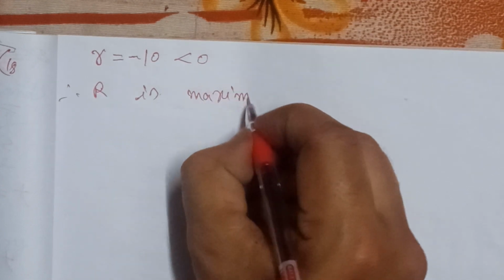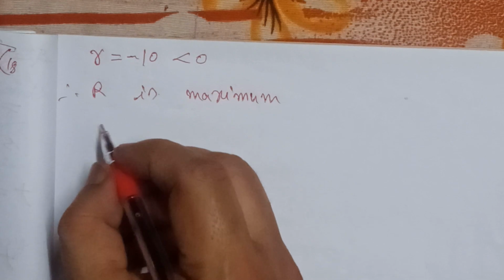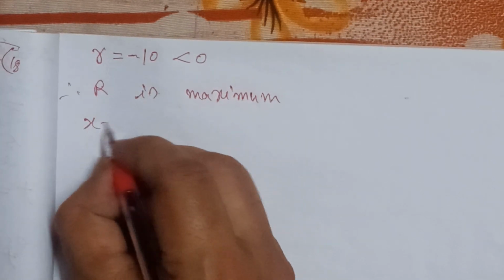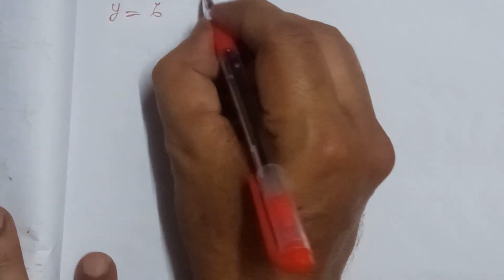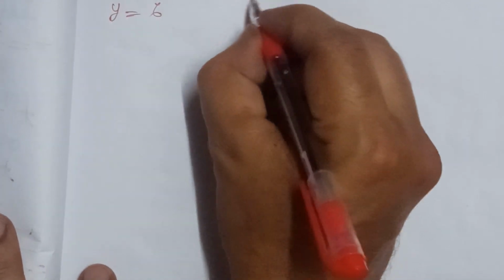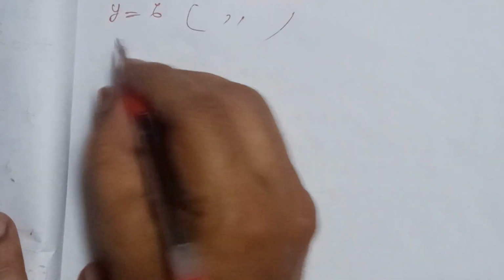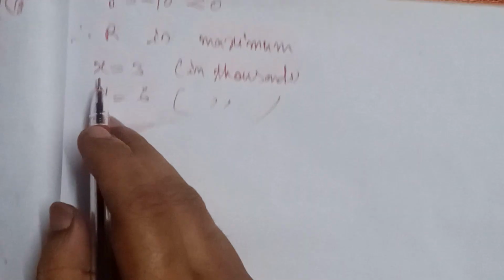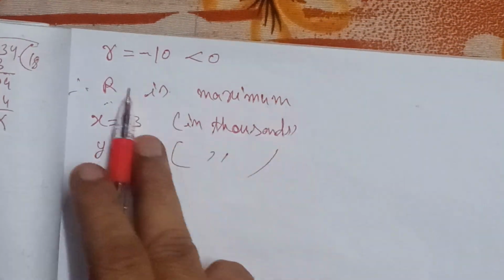But this value is at the point of maxima, at the point x is equal to 3 and y is equal to 6 in 1000 unit. We have to find only the value of x for r to be maxima. Here we have proved r is maxima.